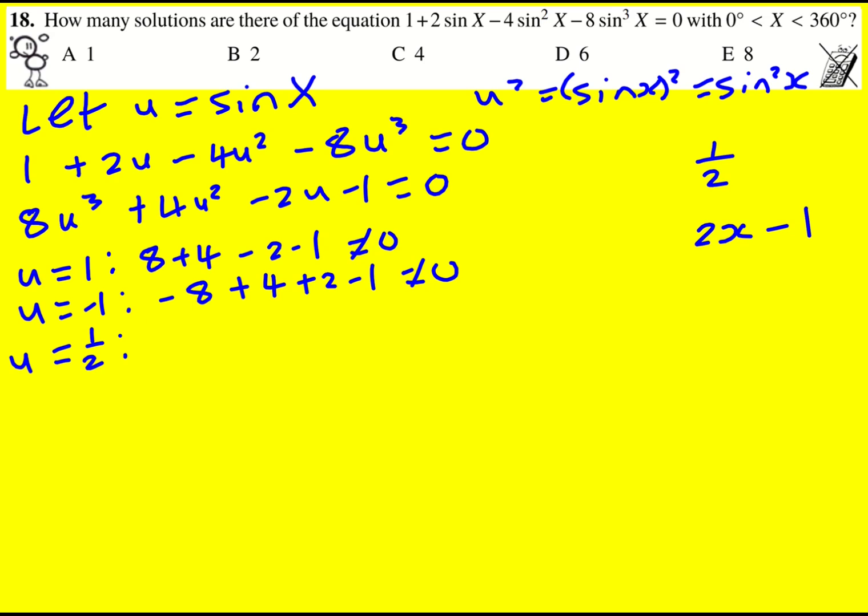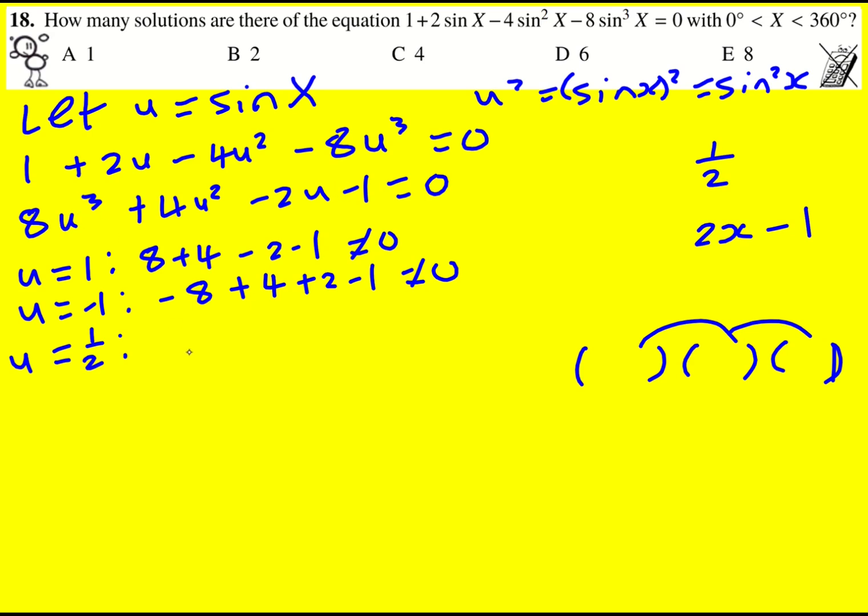Realizing that, in fact, 1 and minus 1 don't work. Other integers are very unlikely to work because you normally multiply your numbers out in your bracket to give you the number at the end, which in this case is minus 1. So we're going to go with a half and we're going to see what happens.